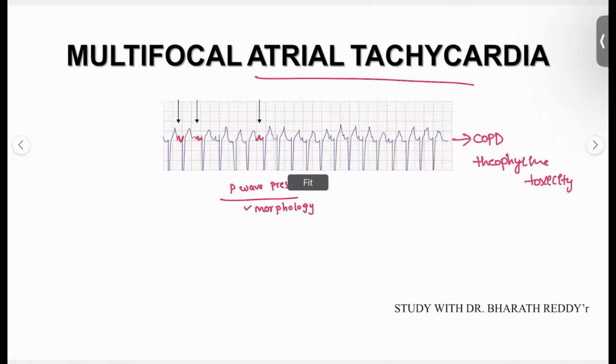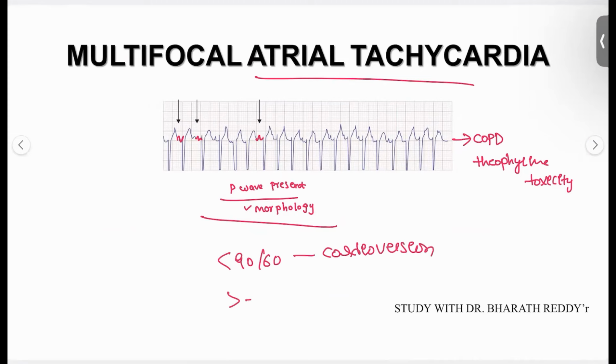That is your multifocal atrial tachycardia. If the patient's vitals are deranged, go for cardioversion immediately. But if the vitals are stable, then you can give CCB or beta blockers. This is the treatment for this patient.